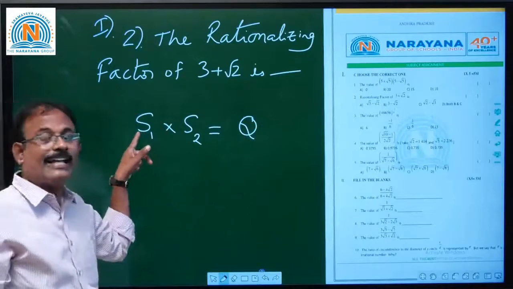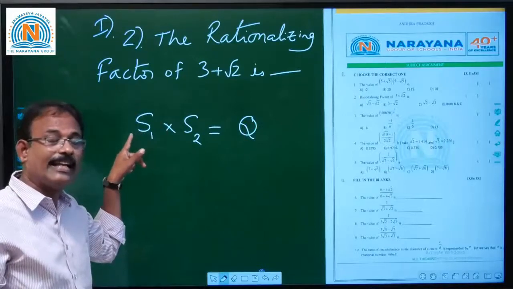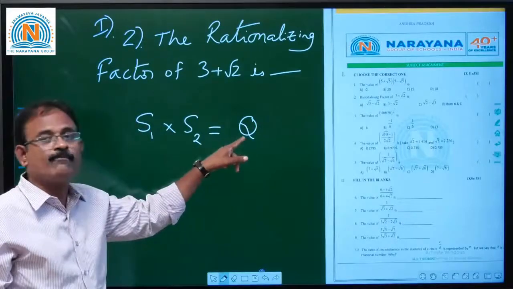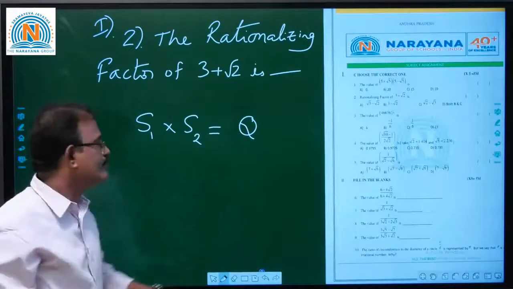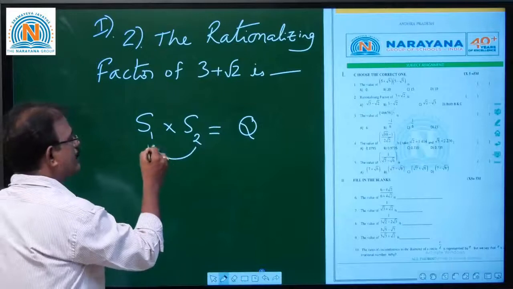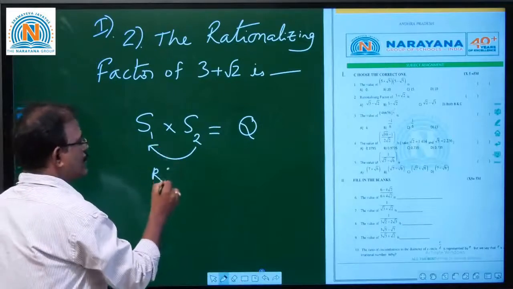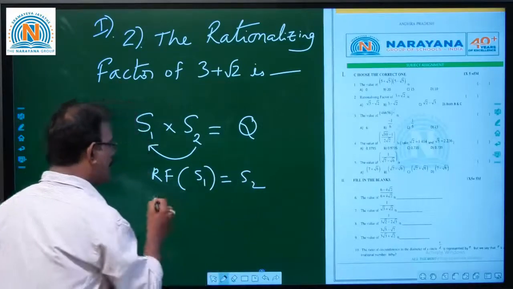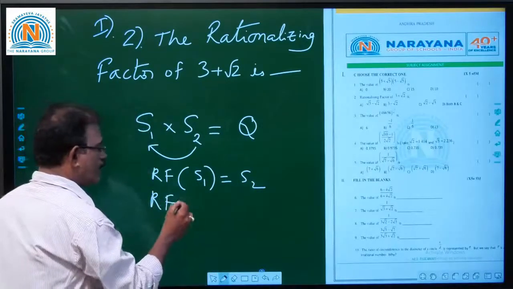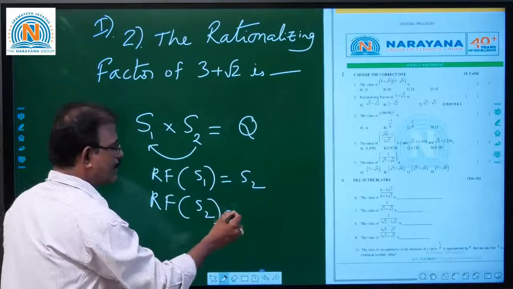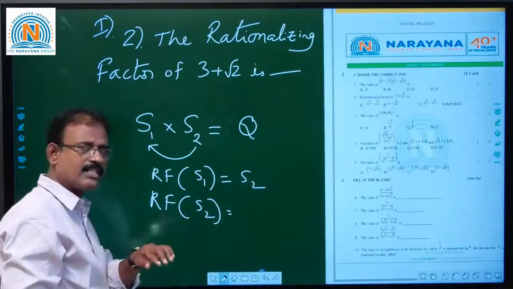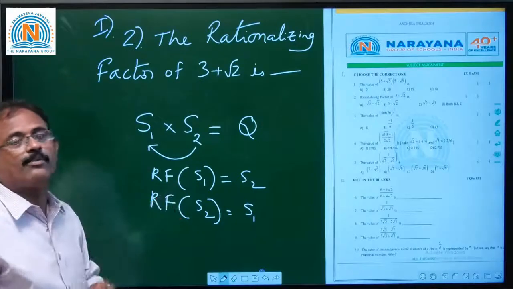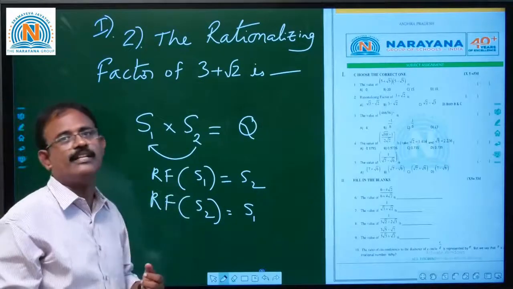When an irrational number is multiplied with another irrational number and the product becomes rational, then the second irrational number is taken as the rationalizing factor of the first. In this case both are mutually conjugate to each other.